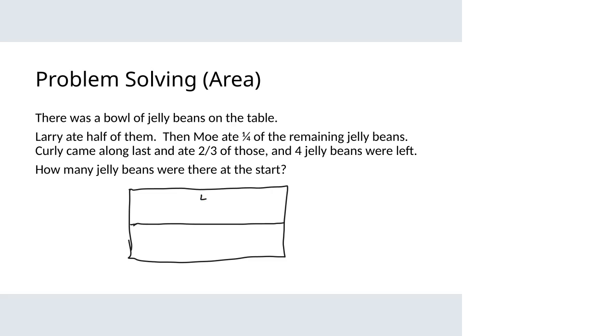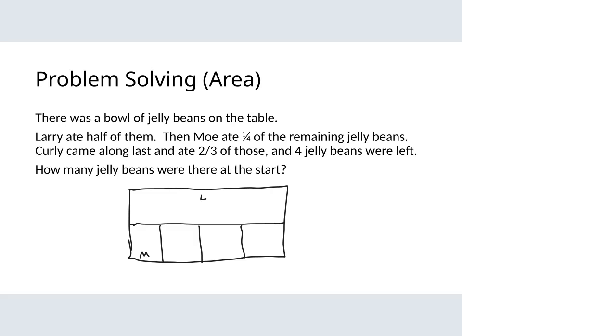So just looking at the remaining jelly beans, just down here, I know that Mo ate 1/4 of those. So I need to cut that into 4 parts. So here's what Mo ate right there. Let me know if you see something that doesn't make sense or you're not sure where it came from.